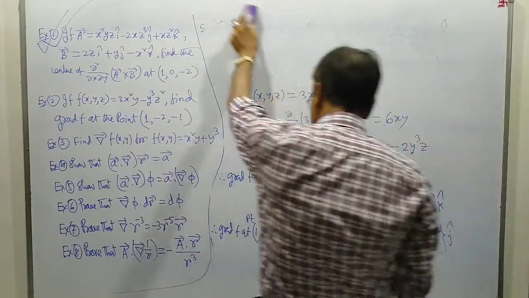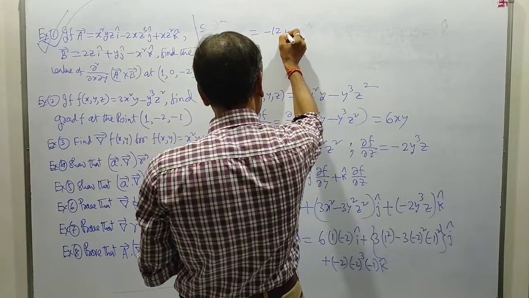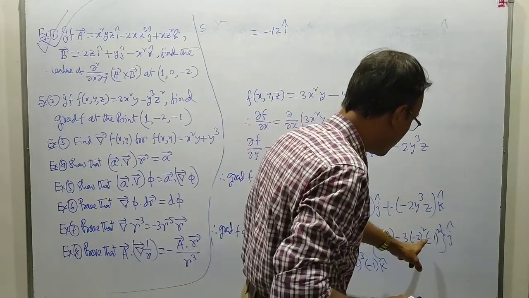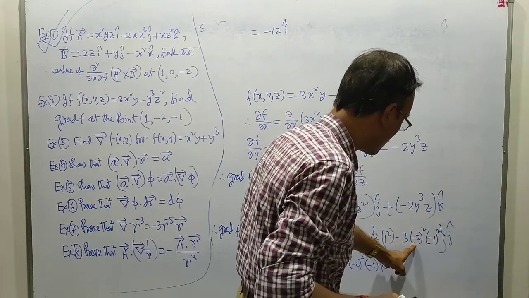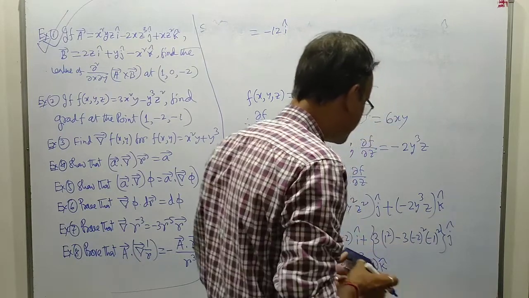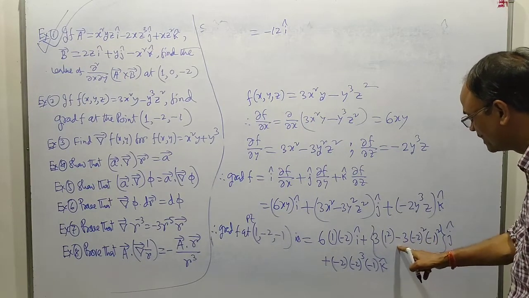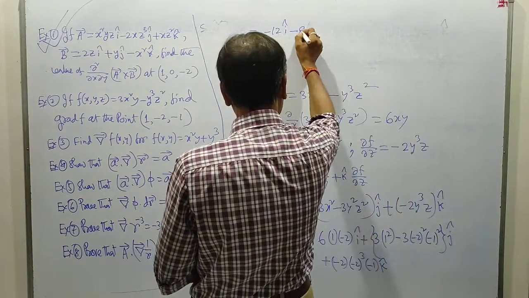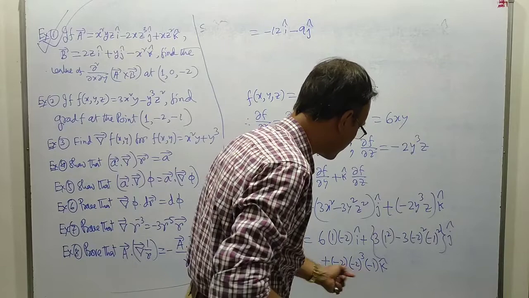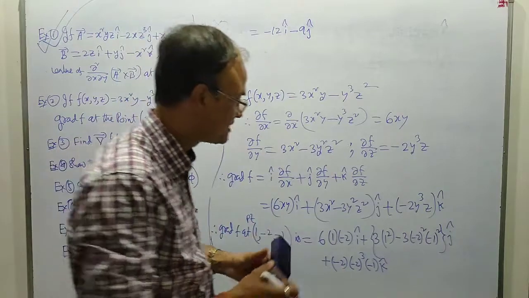This is equal to 6 into minus 2, minus 12 i cap; it will be 3 minus 12, which means minus 9 j cap; and minus minus plus 2 and minus 8, 2 minus 8 means minus 16 k cap.